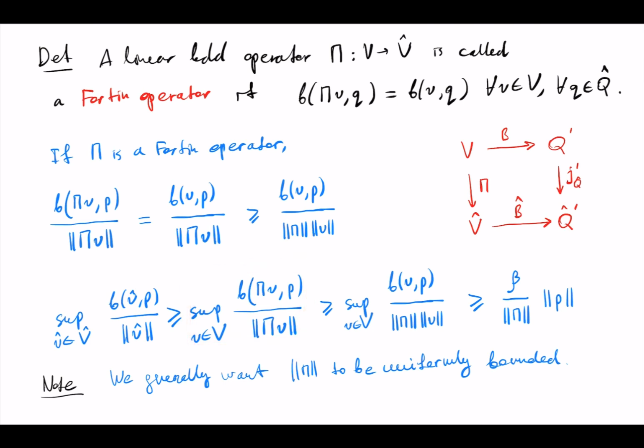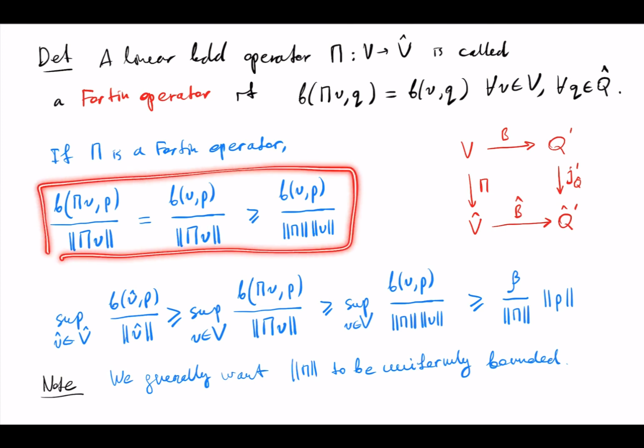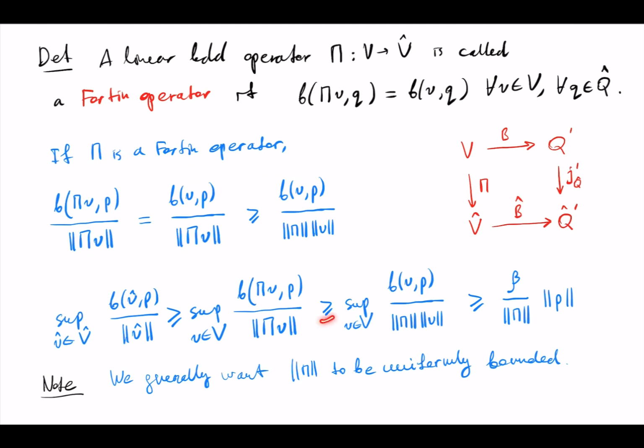Basically we just replaced V hat by pi V, and this will be smaller because instead of taking the supremum over V hat, we are taking the supremum over the range of the Fortin operator pi. Then we apply the inequality that we proved, so we have a lower bound.